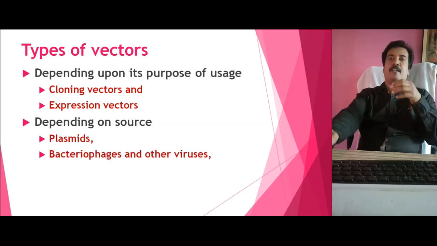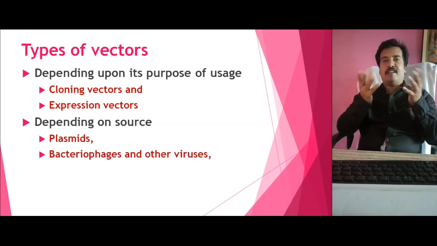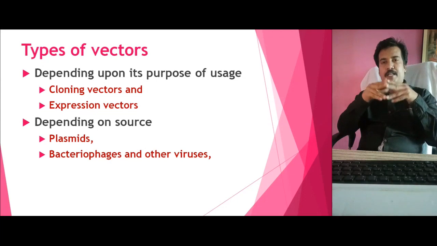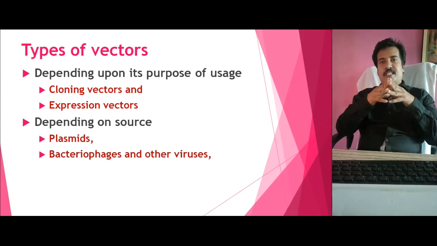Second is the bacteriophage or other viral vectors. Generally, bacteriophage was the first phage virus vector used for carrying foreign DNA. A bacteriophage is a virus which infects bacteria, so we can propagate and clone DNA and produce it in large quantities.